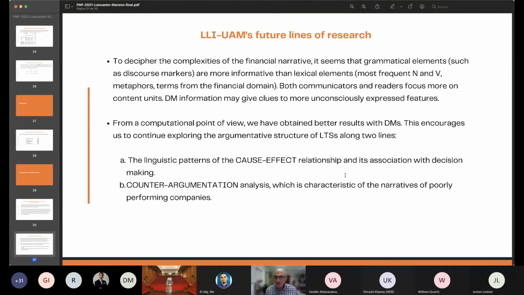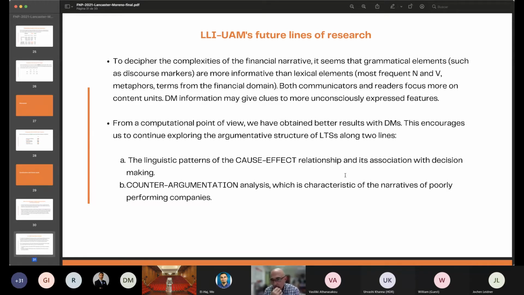Discourse marker information may give us clues to more unconsciously expressed features and predictors. From a computational point of view, we have obtained better results with discourse markers, as we saw.